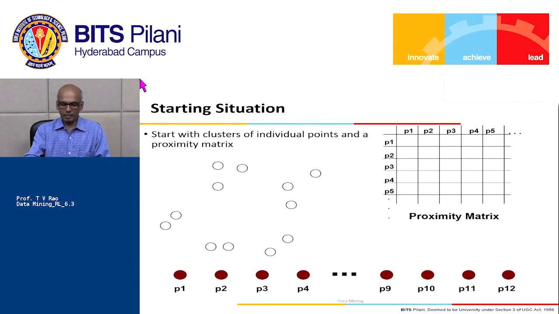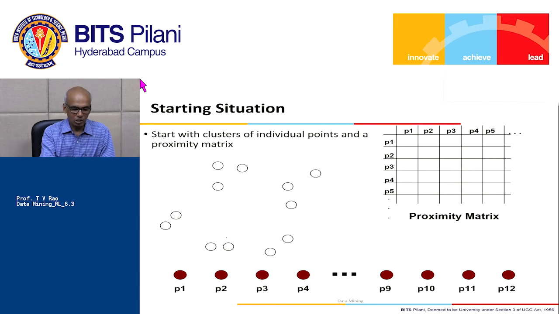So the proximity matrix will look like this. Suppose here we have got 12 points. So there are going to be 12 rows and 12 columns to start with. But as we do the mergers, some of those columns and rows have to be combined, and then we need to recalculate the proximity matrix for the new number of clusters that we have. To start with, we have the 12 clusters, and we can see here that there are some natural clusters.